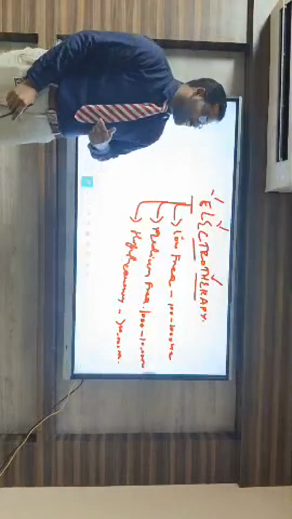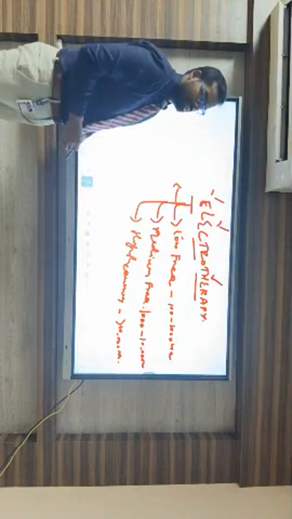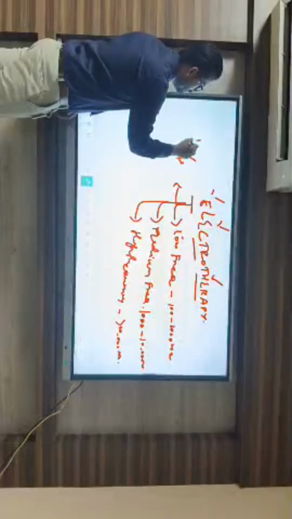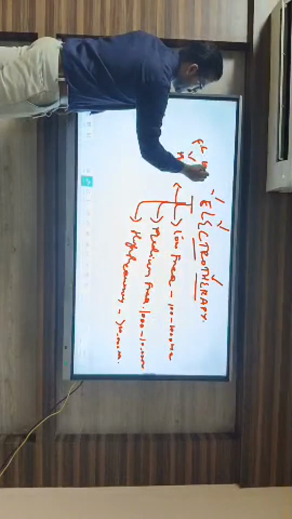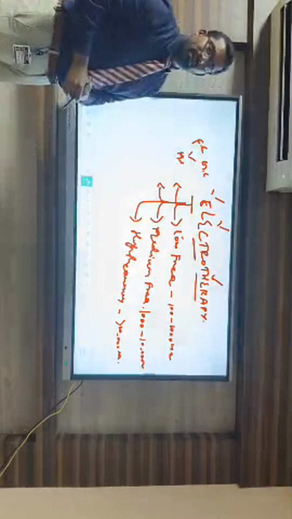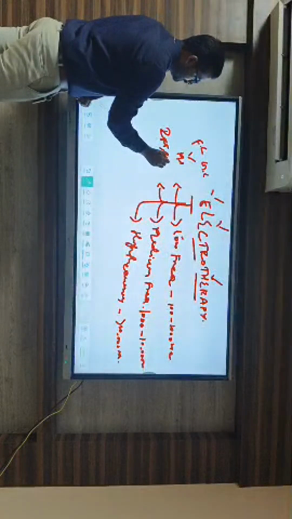Coming to the examples of these three currents, the low frequency current examples are the muscle stimulator, which is a combination of Faradic current and galvanic current. Medium frequency current examples are IFT and Russian currents.